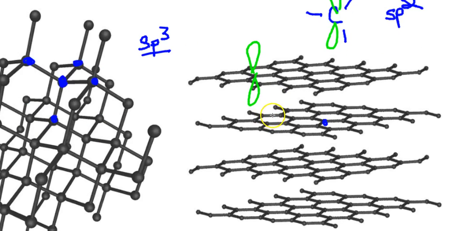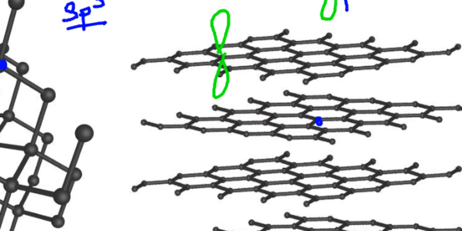So really what you have, party people, is these p orbitals interacting with the other carbon's p orbitals. Now, I'm not going to say it's pi bonding, but what we'll say is that there are attractive forces existing.